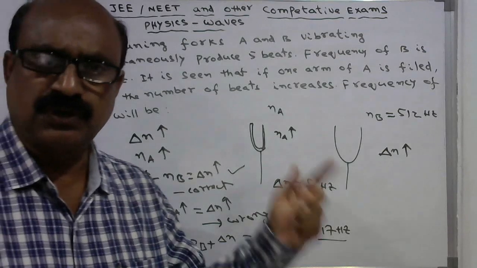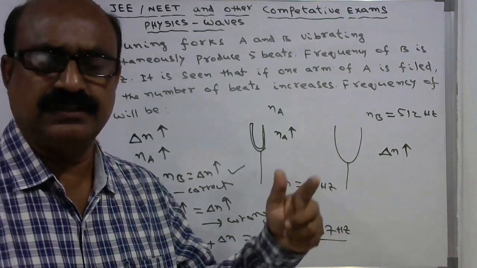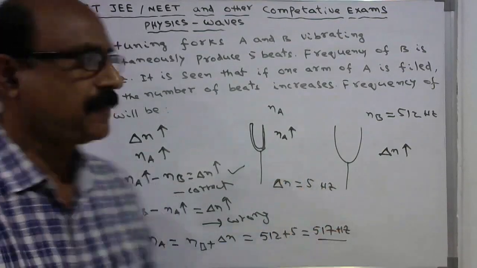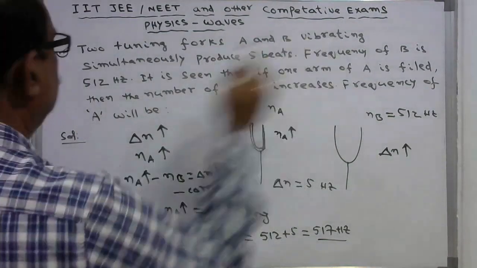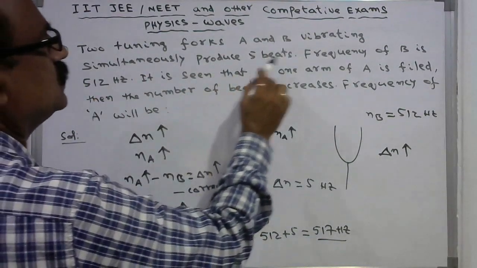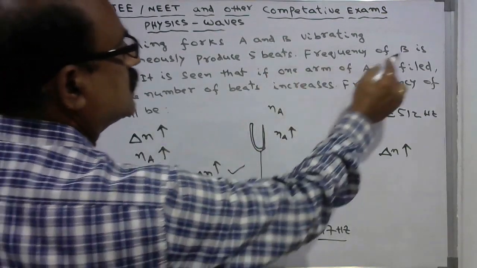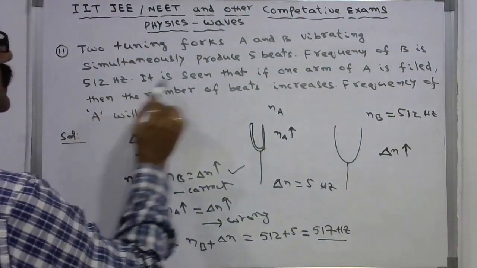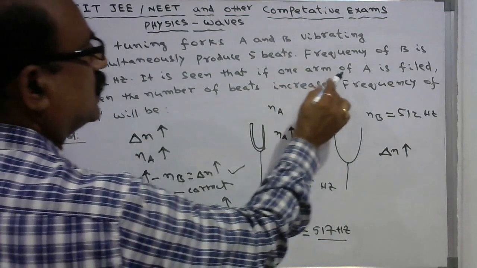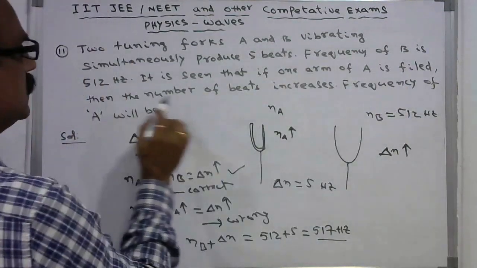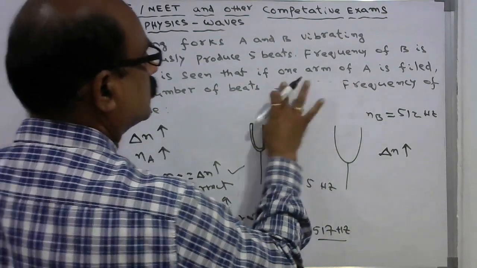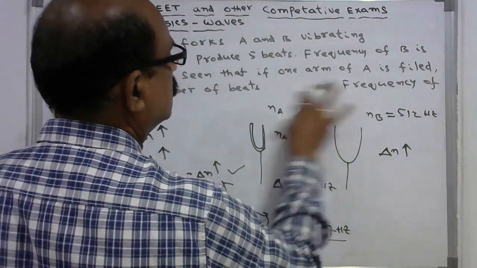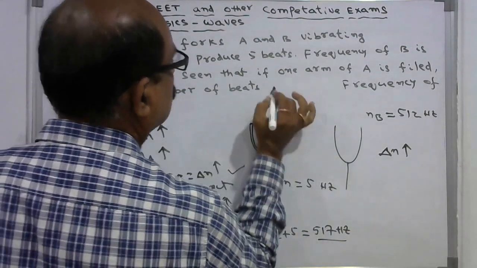And in this problem, let us make a slight change. Two tuning forks A and B vibrating simultaneously produce 5 beats. Frequency of B is 512 Hz. It is seen that if one arm of A is filed, then the number of beats, not increased here, is decreased.